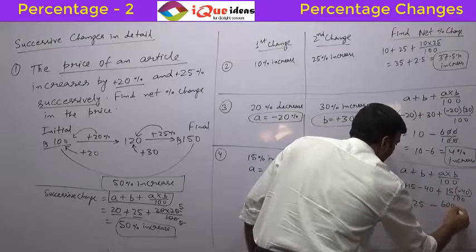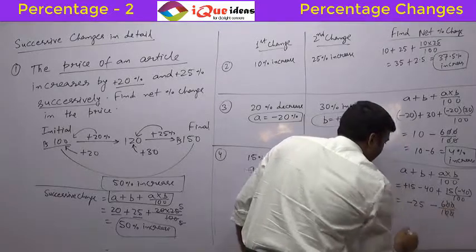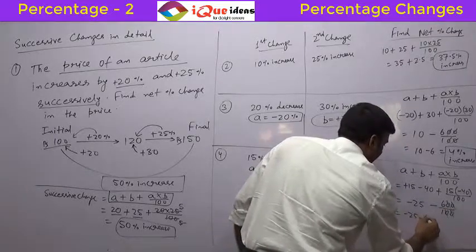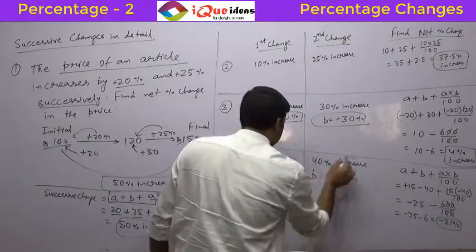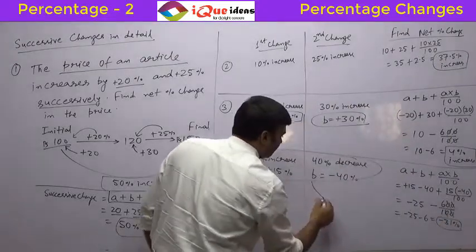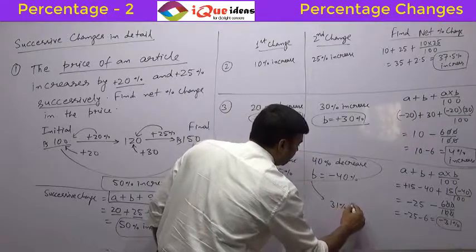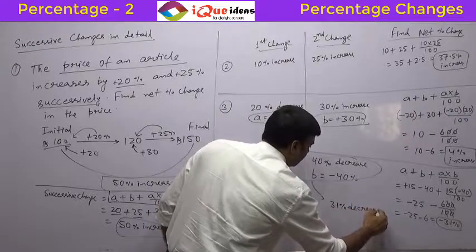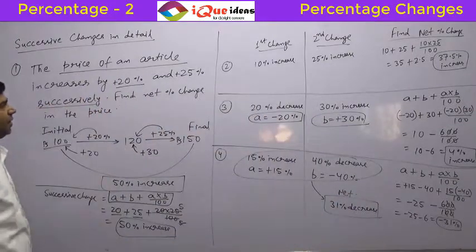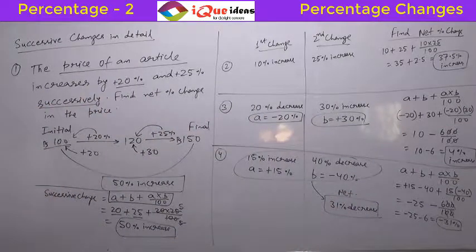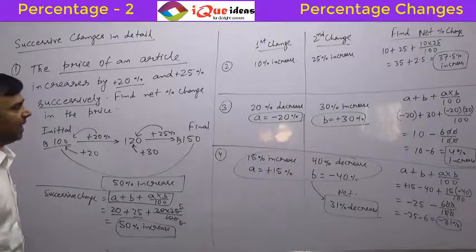So 600 by 100, the zeros cancel and we have minus 25 minus 6, that is minus 31%. And this means that the net change of these two successive changes is 31% decrease. So negative sign means that there is a net 31% decrease.